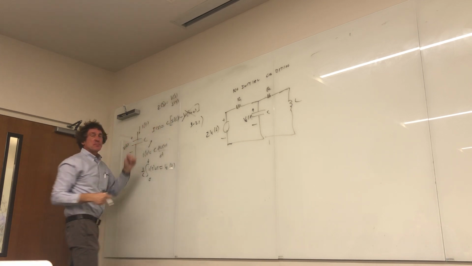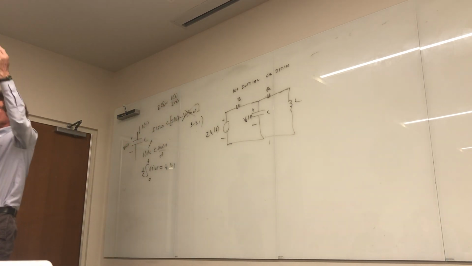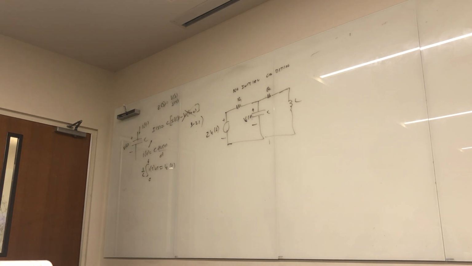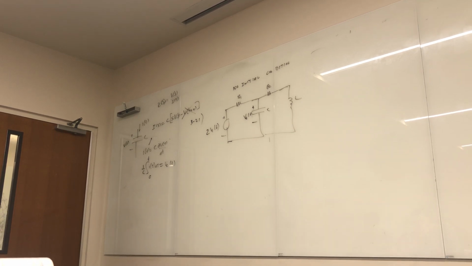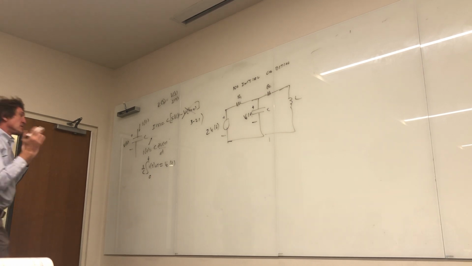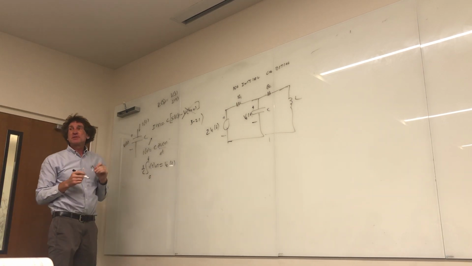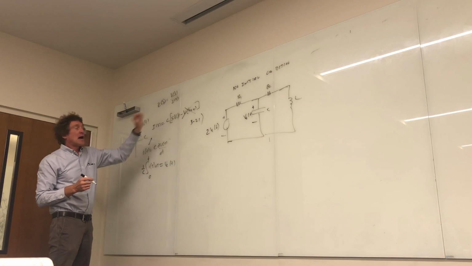That's the definition of impedance. Resistance was always voltage over current, right, for an element. Impedance is always, the way you think about it, the voltage in the j omega domain divided by the current in the j omega domain. Here, it's the voltage in the s domain divided by I in the s domain.